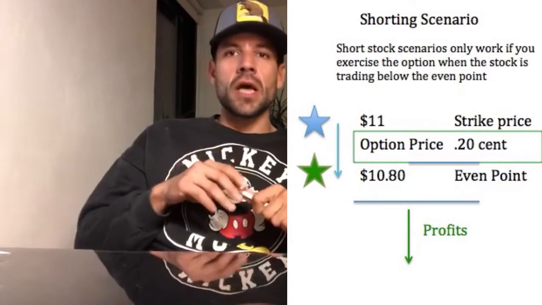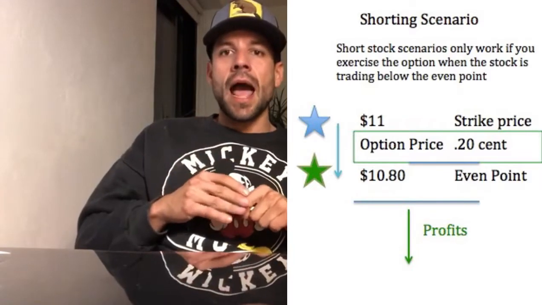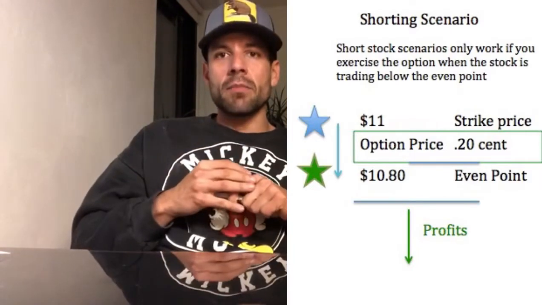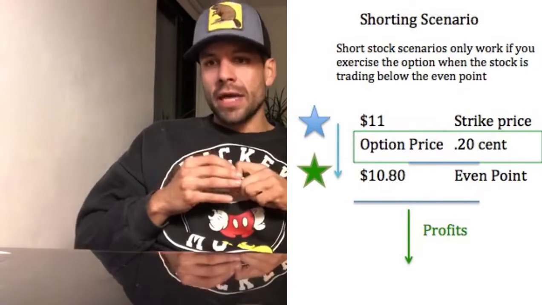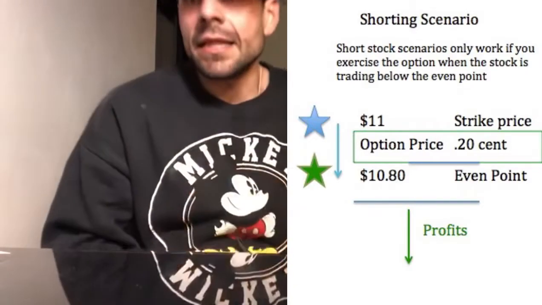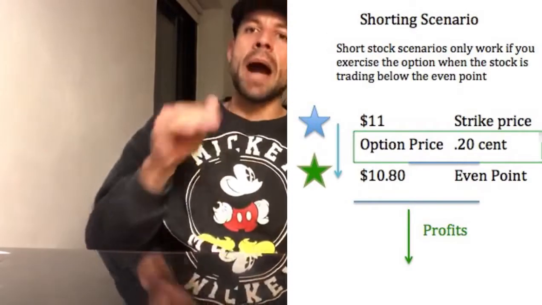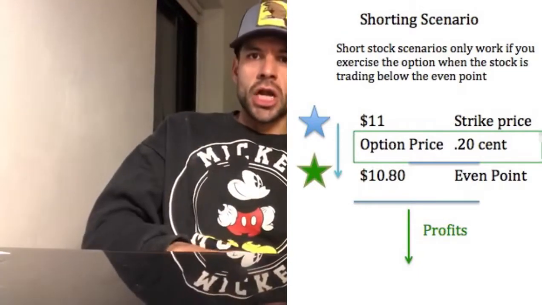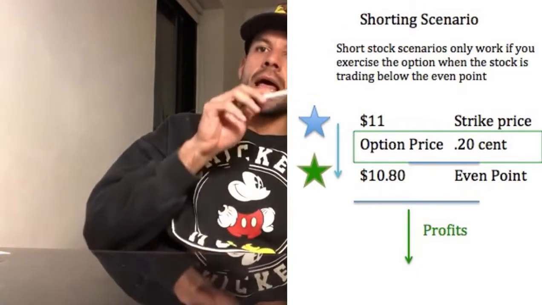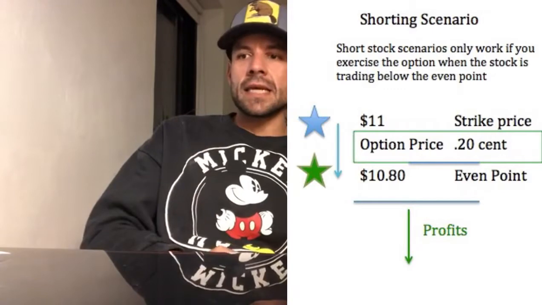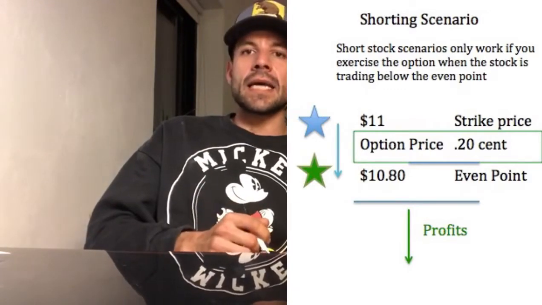Now this scenario only works if you exercise the option below the break-even point. Now the break-even price or point is the strike price minus the cost per share of the option. In this case, it would be 11 minus 20 cents, which gives you $10.80.